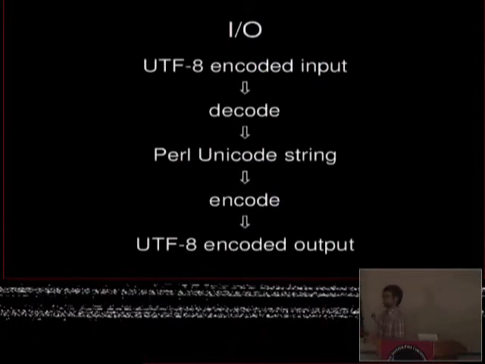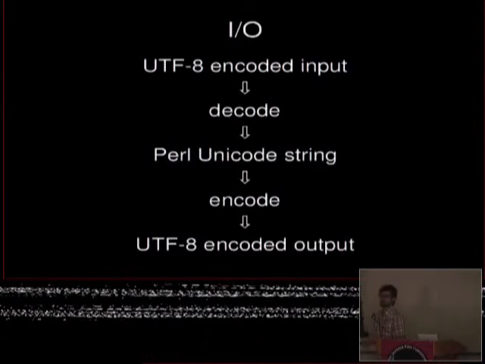So, in general, the flow of your application, assuming that you have UTF-8 input and UTF-8 output, is you have your UTF-8 encoded input, you decode it to a Perl internal string, which is a Unicode string, you encode it, and then you output UTF-8 encoded output.